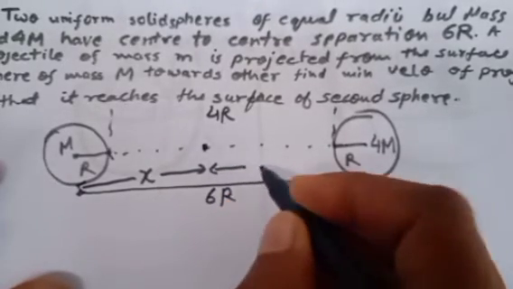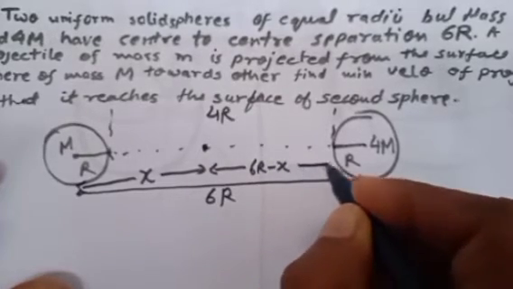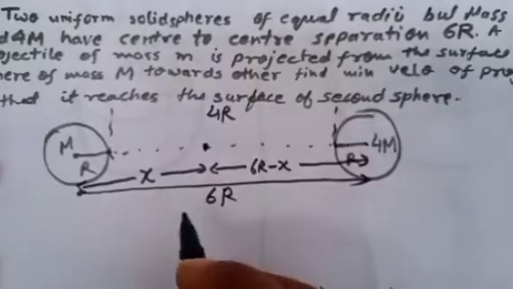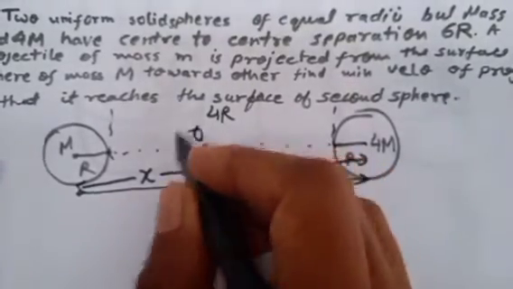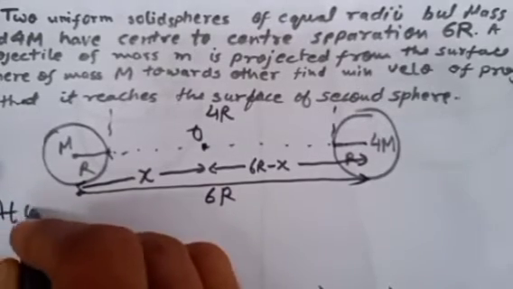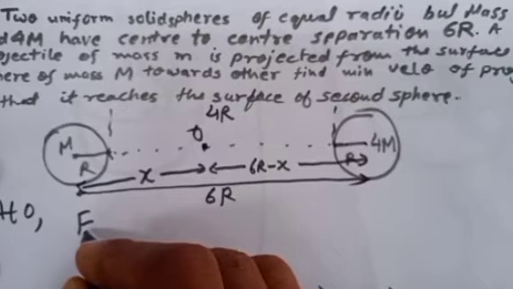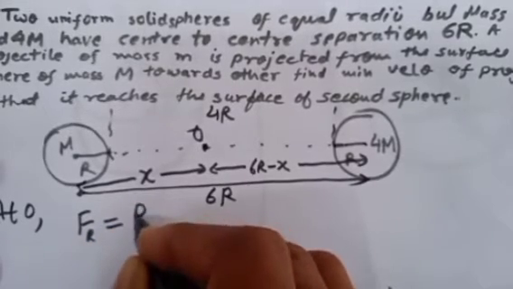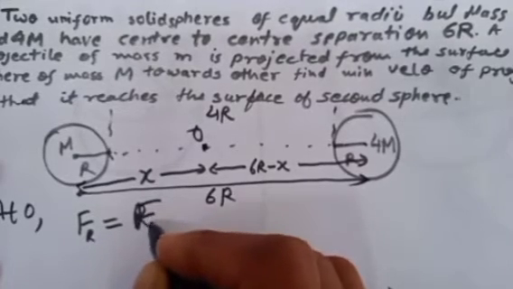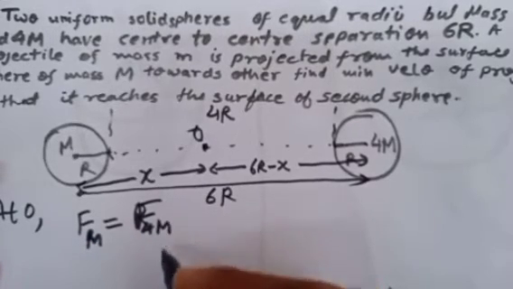So this distance will be 6r minus x. First, what we are doing is finding the position of that null point at O. At O, the force due to the r radius planet is equal to the force due to the m mass planet, which is 4m.